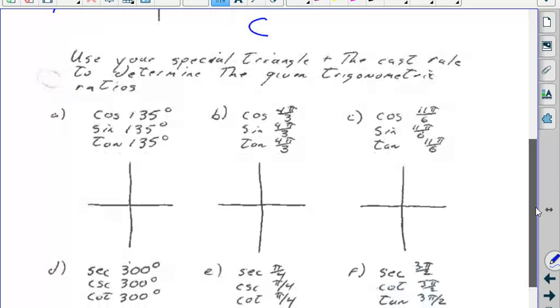Now here's the thing. I'm going to use my understanding of the CAST rule, reference angles, and my special triangles to do this. Cosine of 135 is over here. Cosine of 135 has a reference angle of what?